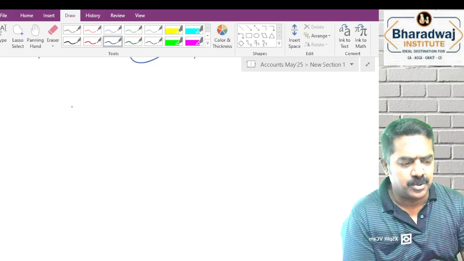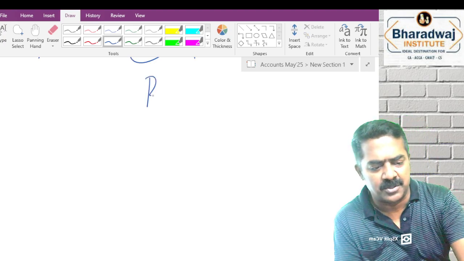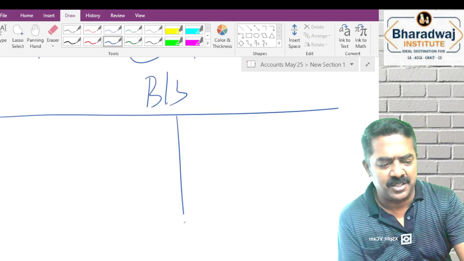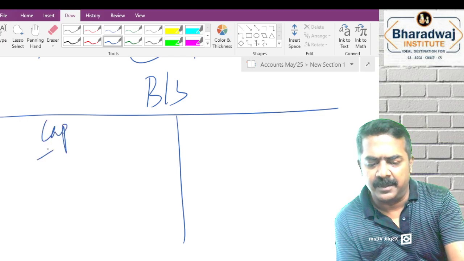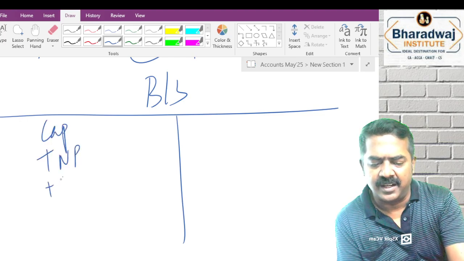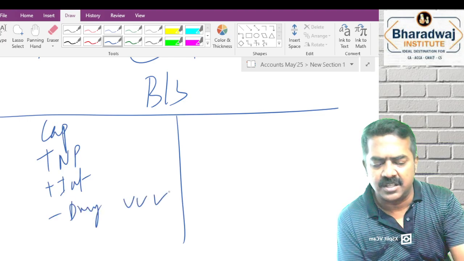Balance sheet is as usual, same as your plus 1 and plus 2 knowledge. In the balance sheet, we take capital, add net profit, add interest on capital, minus drawings, and we adjust and record.